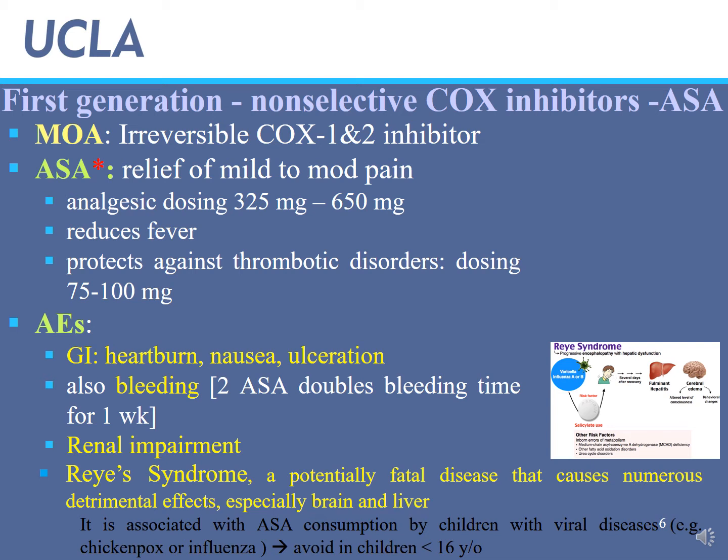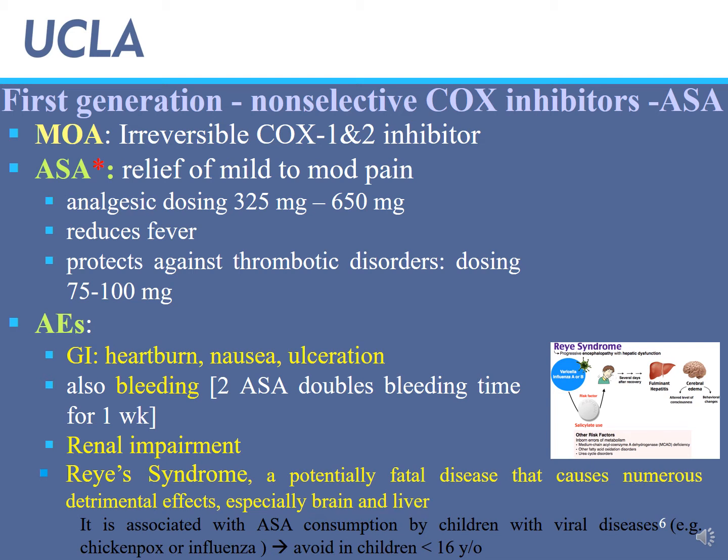Now, the adverse effects, as I said, because it's non-selective and can inhibit both COX-1 and COX-2, that's why you have more adverse effects with those older generation NSAIDs. It can cause GI adverse effects, heartburn, nausea, and then ulceration. It can also cause bleeding because of the anti-aggregant property, renal impairment, and then Reye syndrome.